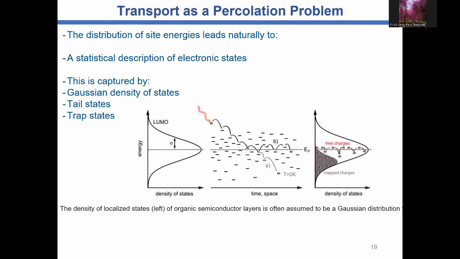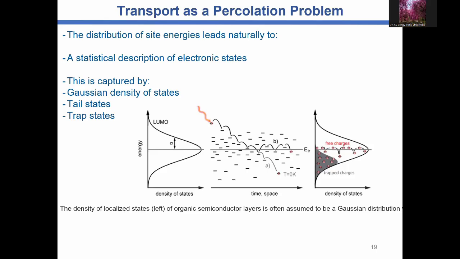And also at the end of the distribution we can have some trapped charges, which means that even with a small or high temperature, they cannot be released.